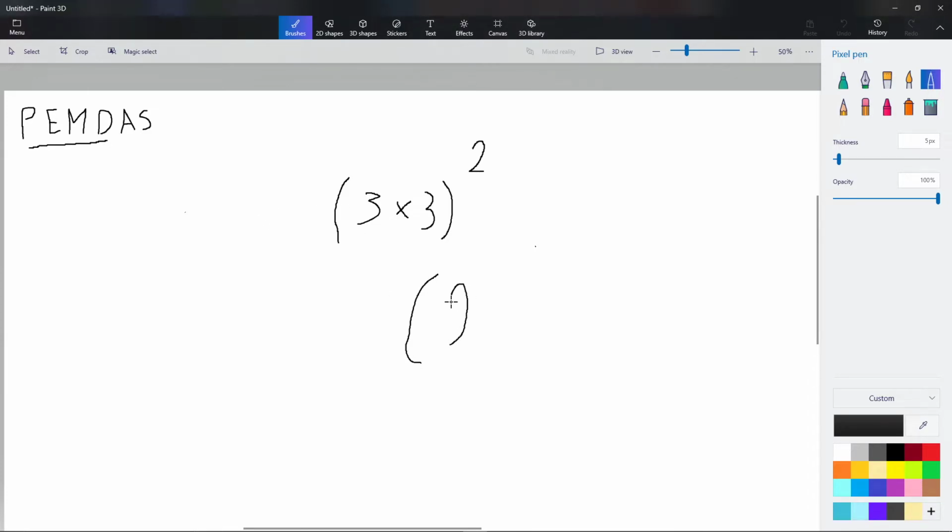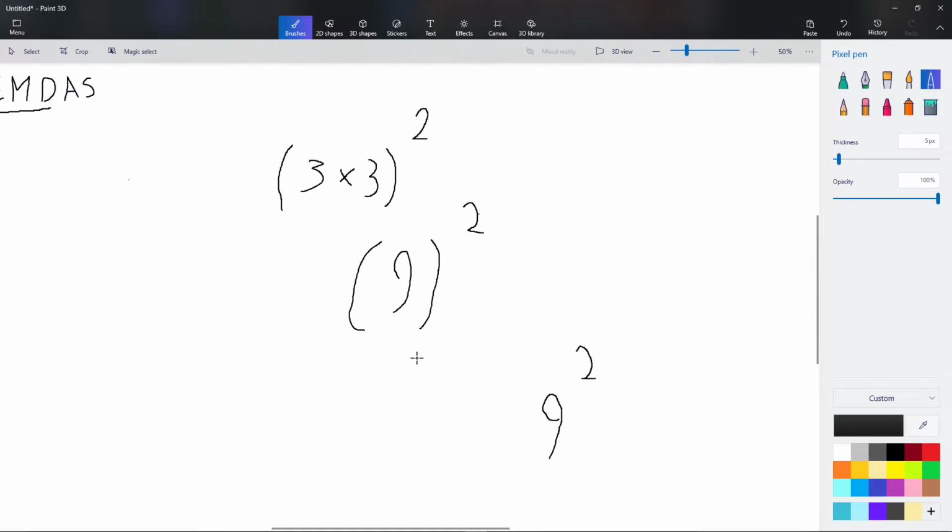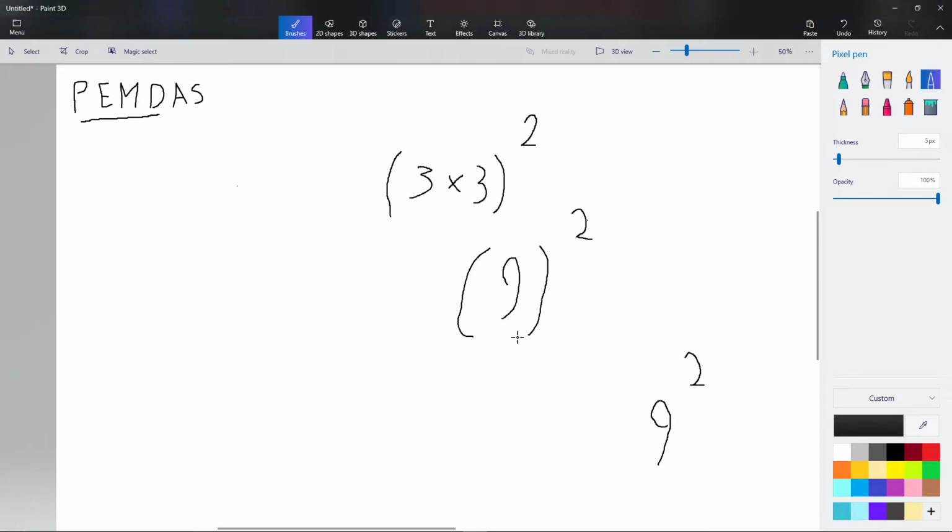Alright, so now we have 9 to the second power. Now it's all by itself. There's no more addition, no more subtraction, which means the parentheses can now be finished. So now we have 9 to the second power. Now, there are no parentheses, so we gotta move on to something else. Now there are exponents.